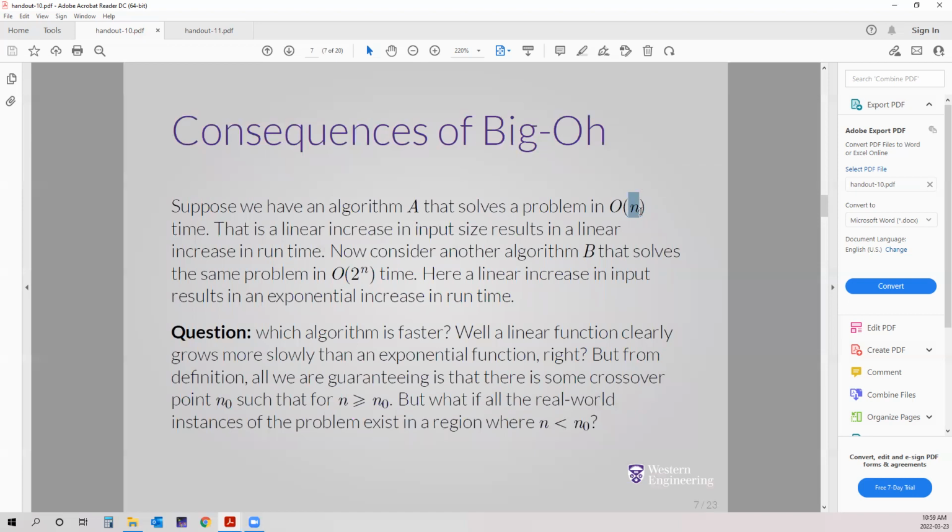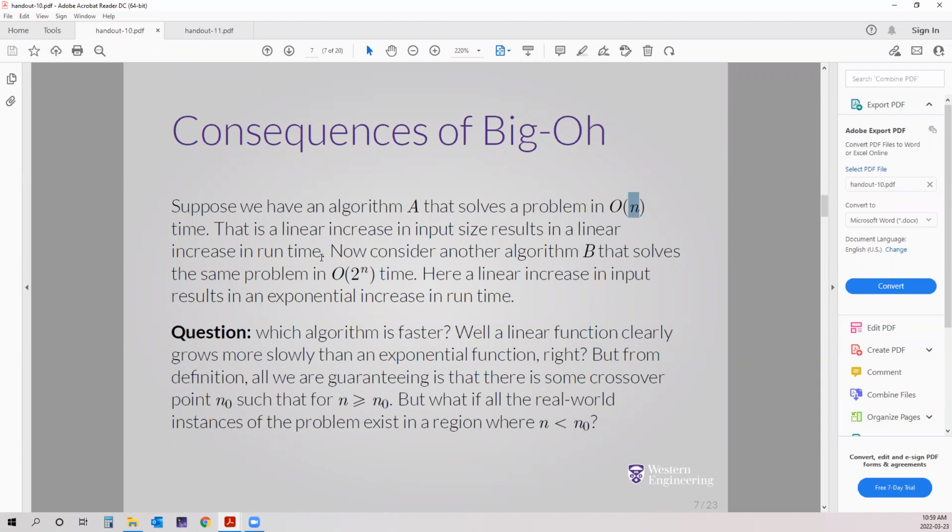What do we call this? As n increases, the complexity will increase, right? So we call it linear: a linear increase in input size results in a linear increase in running time. However much input I have, the time will increase in the same manner, in linear increment.